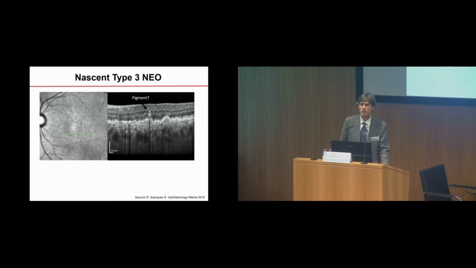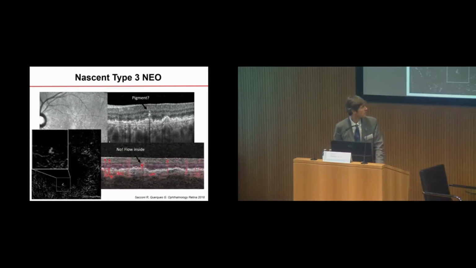Starting from this, we had the chance to look at the very early phases of type 3 with the addition of OCT-A. What was previously reported as pigment, as a signature for cases developing type 3 neovascularization, this pigment on structural OCT, indeed, with OCT-A already is characterized by flow.